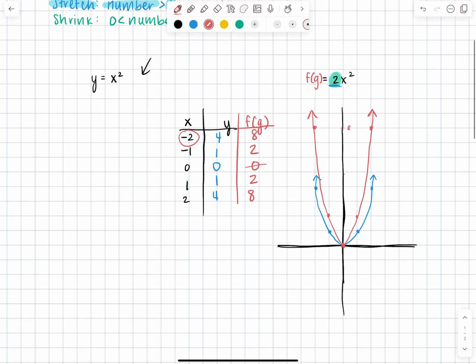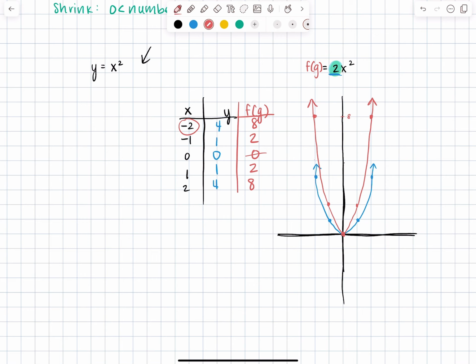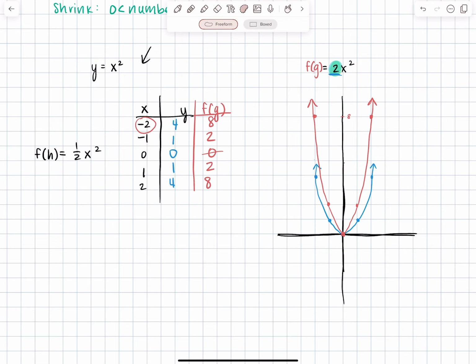So let's look at another example. Let's do y equals 1 over 2 x squared. Or let's make this h of x. Don't get stressed by that. That just means y. So we can move this table here. Let's use green this time.